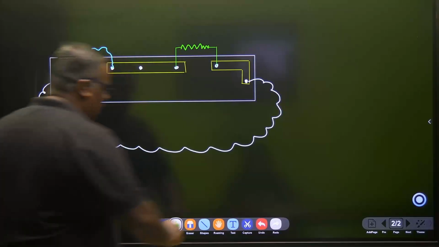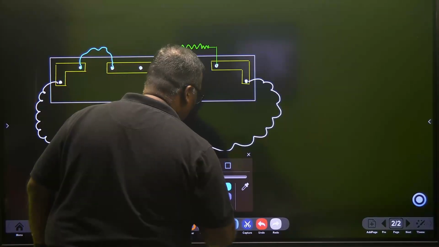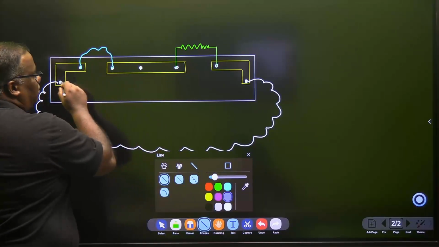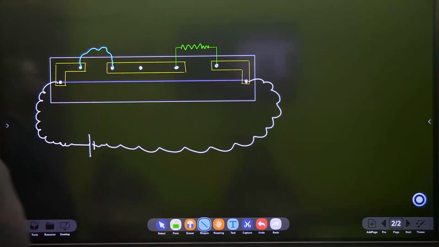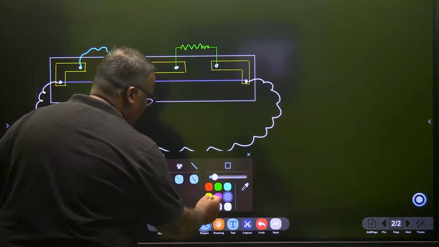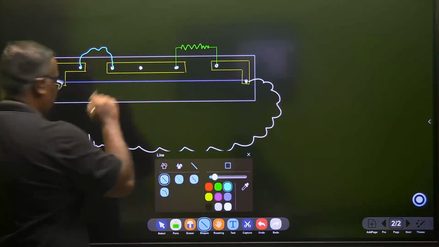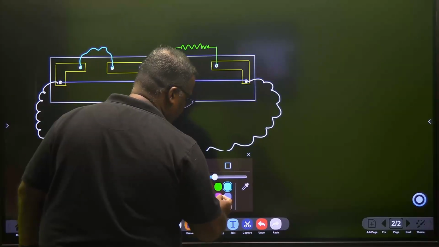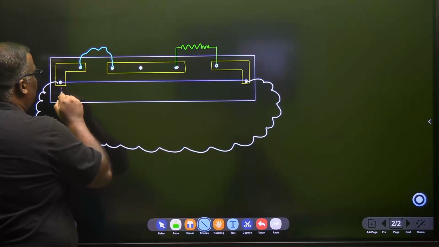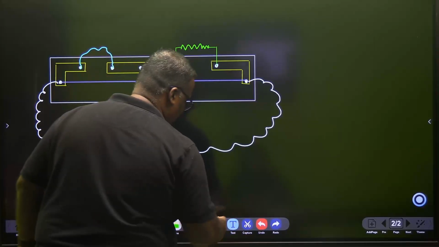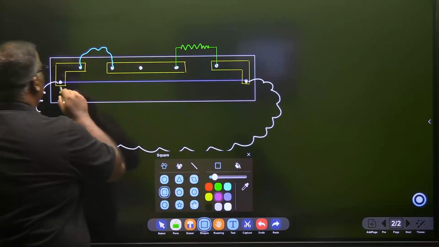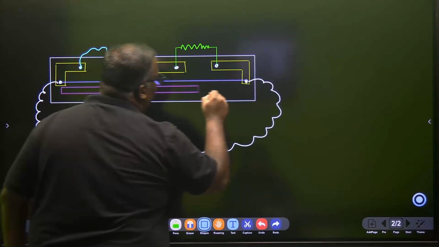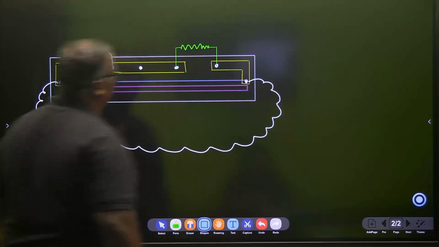Perfect. And then the most interesting part, why it is called a meter bridge: I have exactly 1 meter of wire which is connected out here. How long? 1 meter. Apart from this 1 meter wire, we will also have a graduated wooden ruler, in pink color, out here.